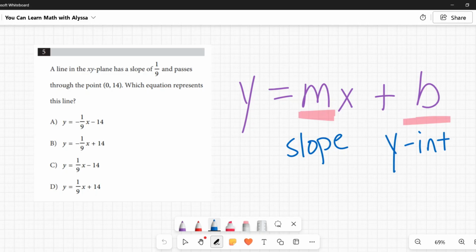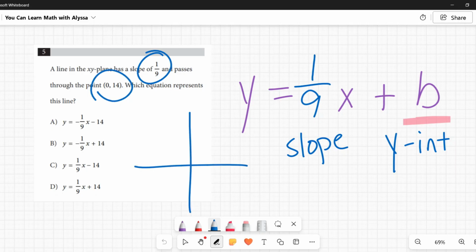So they're telling us it has a slope of 1/9. Okay, m is my slope. I'm told it's a slope of 1/9, so I'm going to replace that m with 1/9. And it passes through the point (0, 14). Well, on the xy-plane, everywhere on the y-axis, the x value is 0.